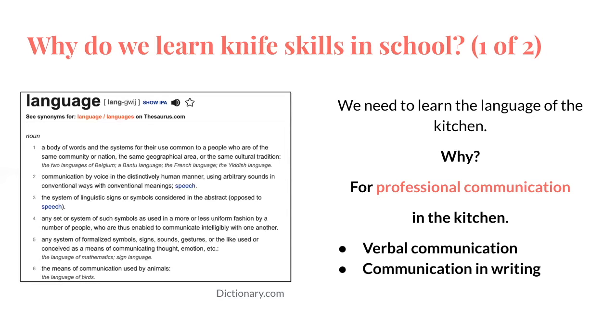If a head chef writes down a recipe that only he or she can understand, other chefs in the kitchen will have a very hard time understanding the recipe. Conversely, if you don't know the language of a kitchen, you will spend a lot of time preparing food with the recipe.